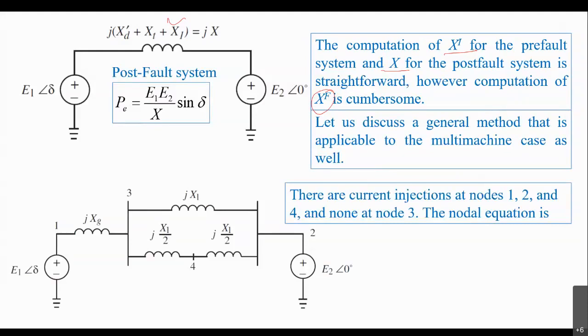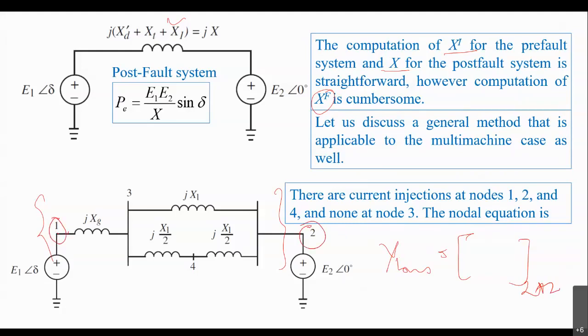We need to reduce this whole network, from bus 1 to bus 2, into a single network. If I write the Y bus for this, the size will be 2 by 2, because it has only two nodes, node number 1 and node number 2.